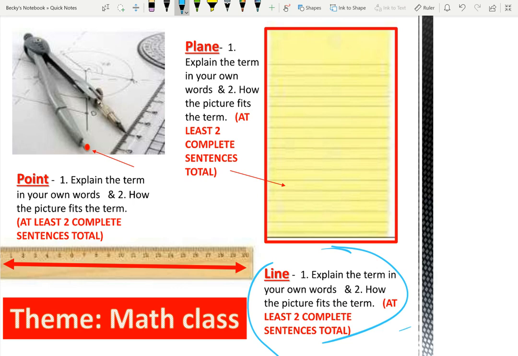There's not a definition for a line, so you're going to just explain to me what you think a line is. And then you're going to tell me how the picture fits the explanation you just gave. So there's going to be at least 2 sentences for 3 pictures. So you're writing 6 sentences total.